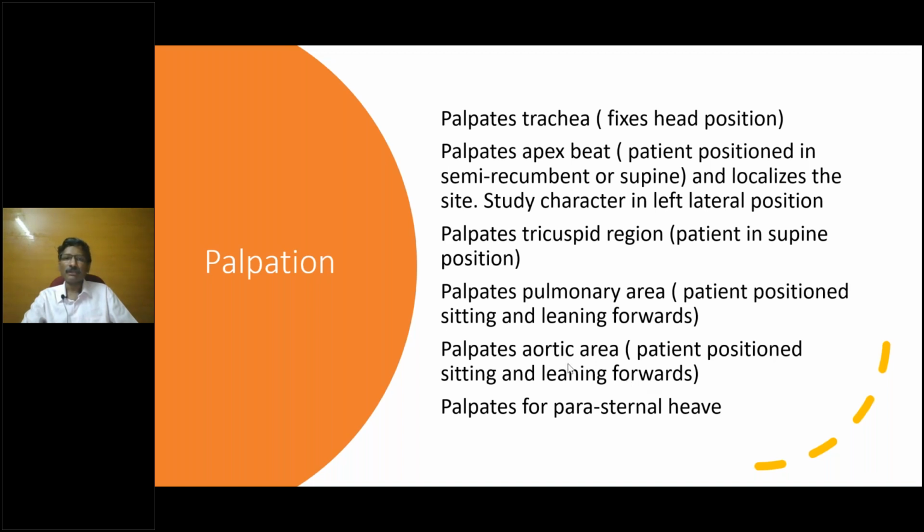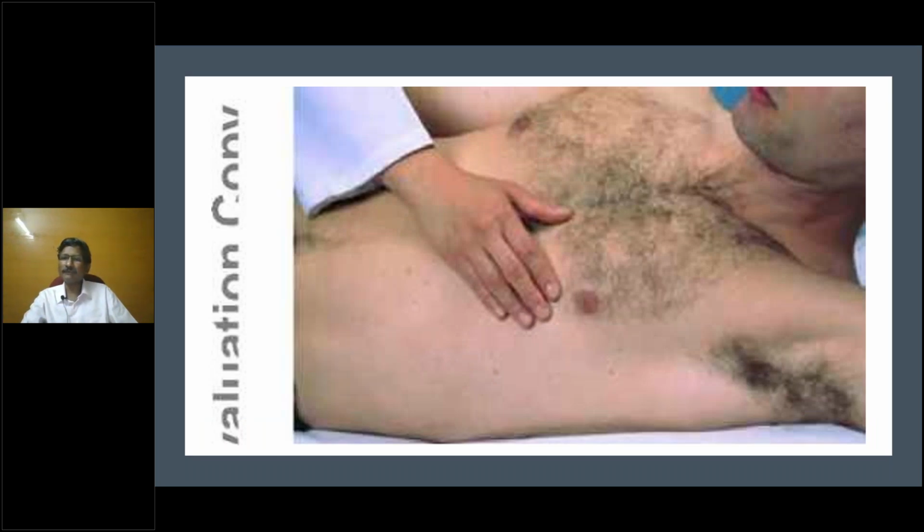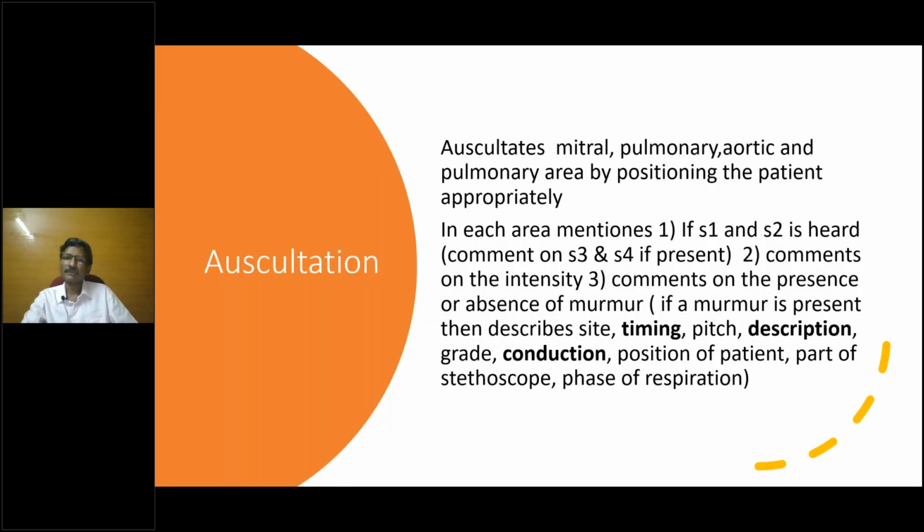Okay, so now going to the auscultation. What will be the findings you will have in severe aortic stenosis? Think over it and put it down, and try to describe the murmur also.